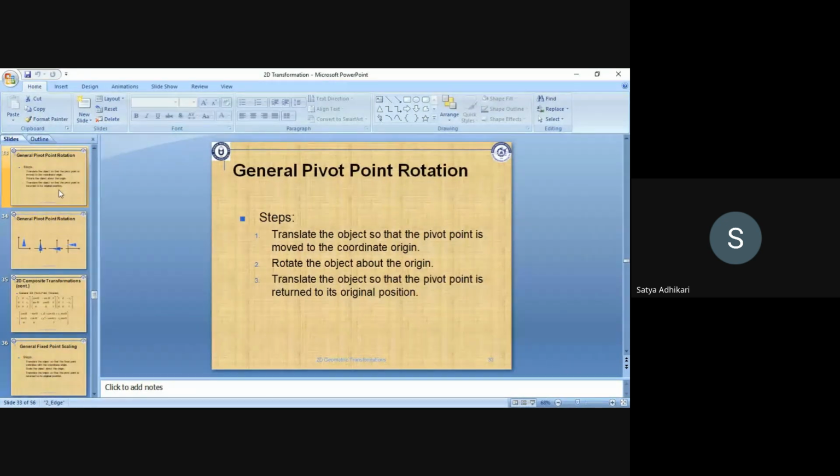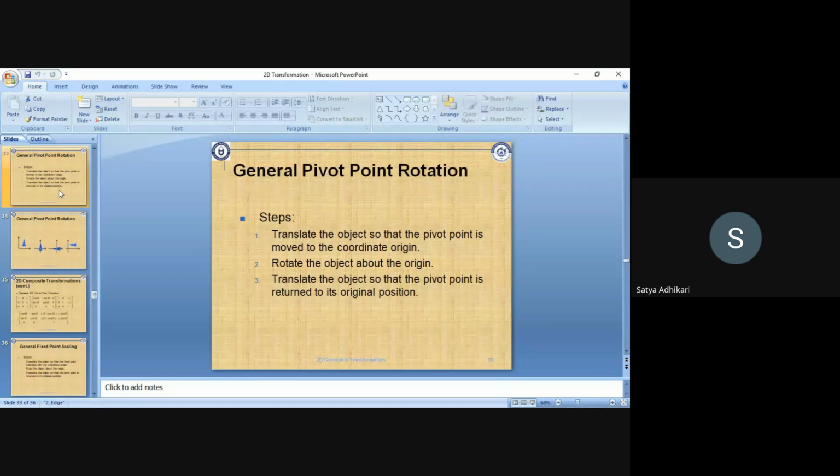So now, general pivot point rotation. So far, we rotated an object with respect to the origin, theta degrees, either clockwise or anti-clockwise, but with respect to the origin.